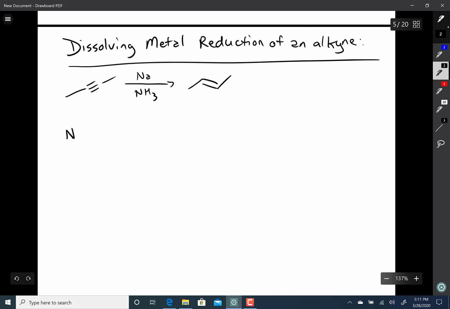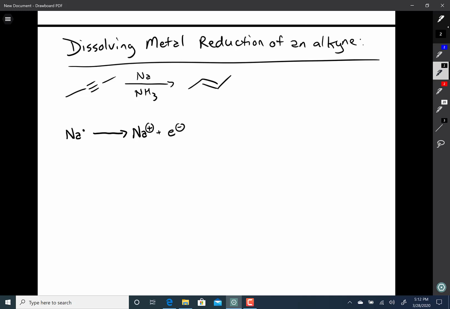Solid metal, sodium zero, has a single electron. And what happens when you dissolve it in ammonia is the solution turns blue. The sodium's electron is popping off. It basically floats away in the solvent.